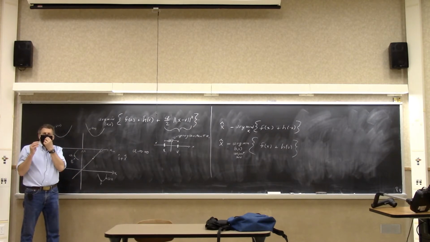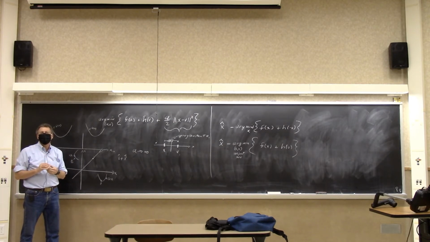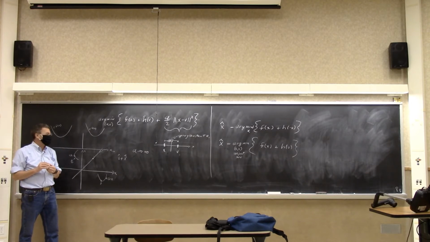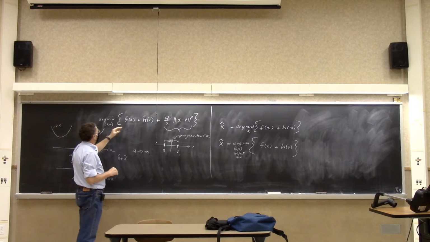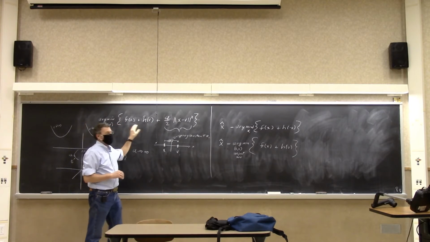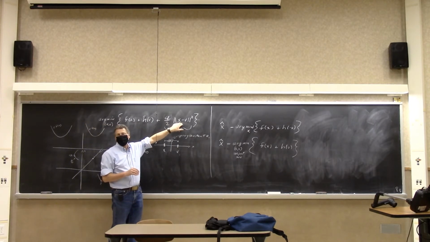Are people following this? Because it is important to get this or you'll get confused at the next step I have to make. Is there anybody who wants to ask a question? You'd be doing everyone a favor if you have any thoughts or comments. Does this make total sense? The idea is you're minimizing the sum of these two functions plus a function which penalizes the difference.